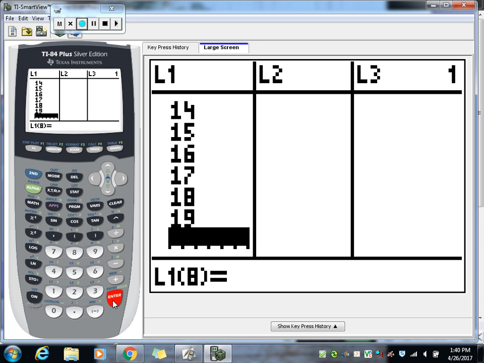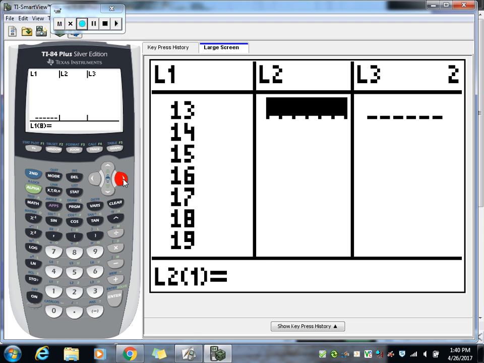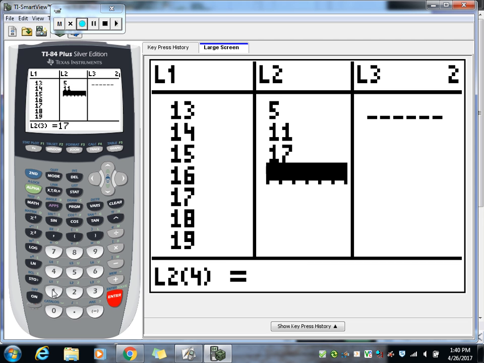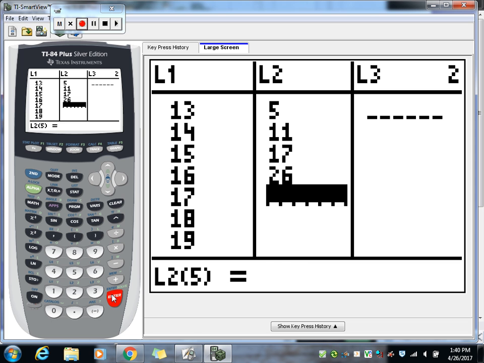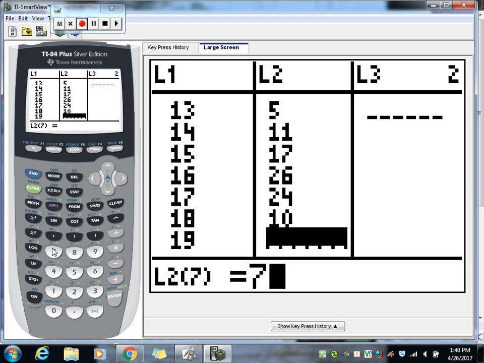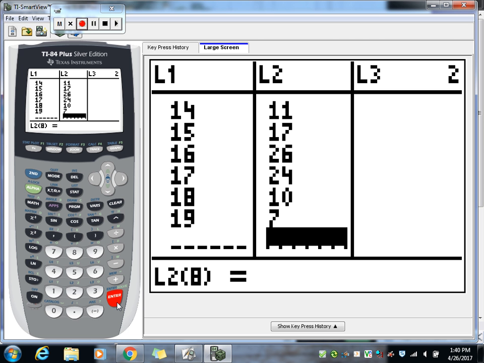So then in your L2 goes the other part of your table, the frequencies for those ages. That's our 5, 11, 17, 26, So now you have numbers in both your lists. The only thing is you don't have two different pieces of data. You still have one piece of data. You're still looking at the ages of those teenagers.